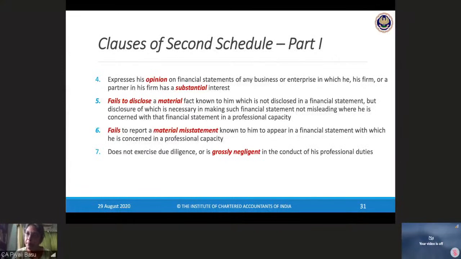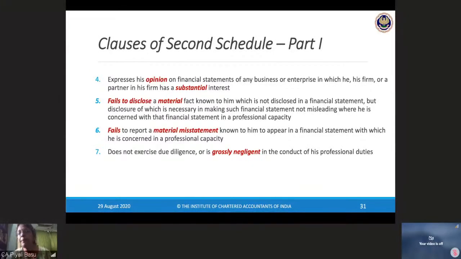Please keep that in mind, because a case study may come like that, that it is an internal audit. Can he do that? No, he cannot do that also. That is also important to remember. It includes professional work like tax audit, concurrent audit, everything. So if he is interested and any of such audits are concerned, he should not be giving his opinion.